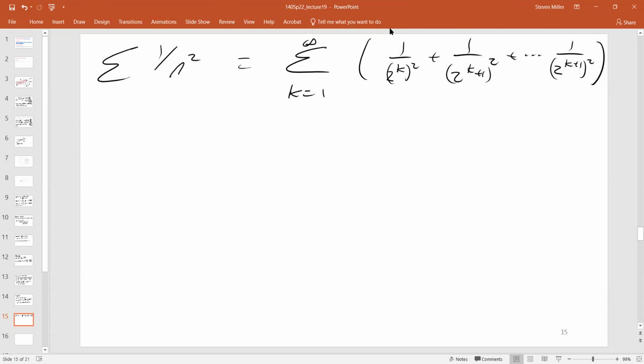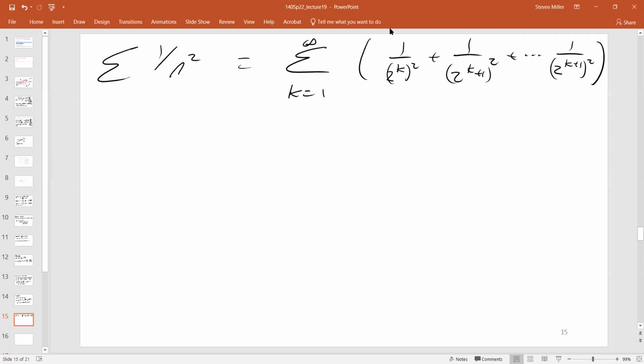So I'm going to break up terms from, say, 1 over 2 squared to 1 over 2 cubed squared. Then I'm going to go from 1 over 2 cubed squared to 1 over 2 to the 4th squared. I'm going to keep breaking up.